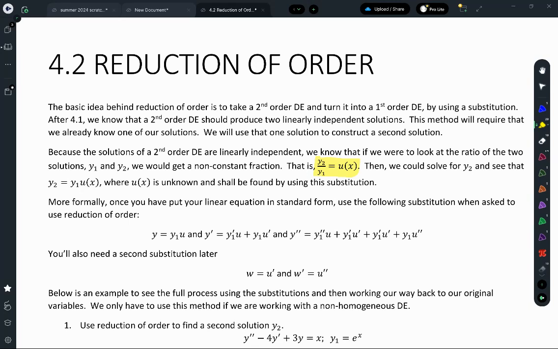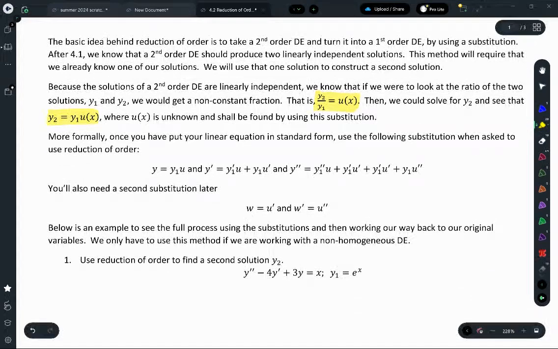We'll be left with some function u of x. And then we could solve for y2 and see that y2 is equal to y1 times some u of x, where u of x is unknown and shall be found by using this substitution.